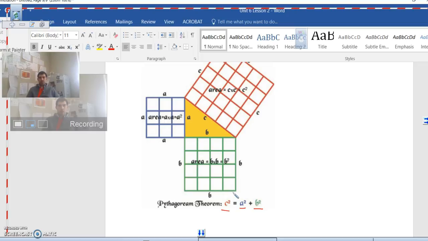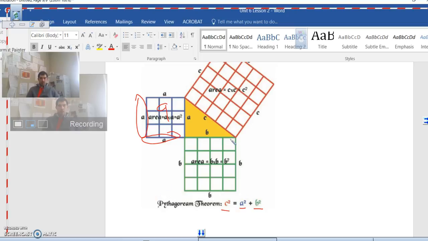How does that work? So, a squared, a times a, is the area of this square, which is 9. 3 times 3 is 9. 1, 2, 3, 4, 5, 6, 7, 8, 9 square units.